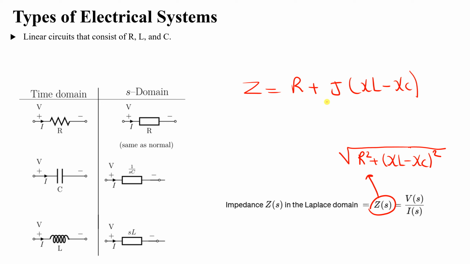So their magnitude will be the real part squared plus the imaginary part squared. Now again, where did this come from?